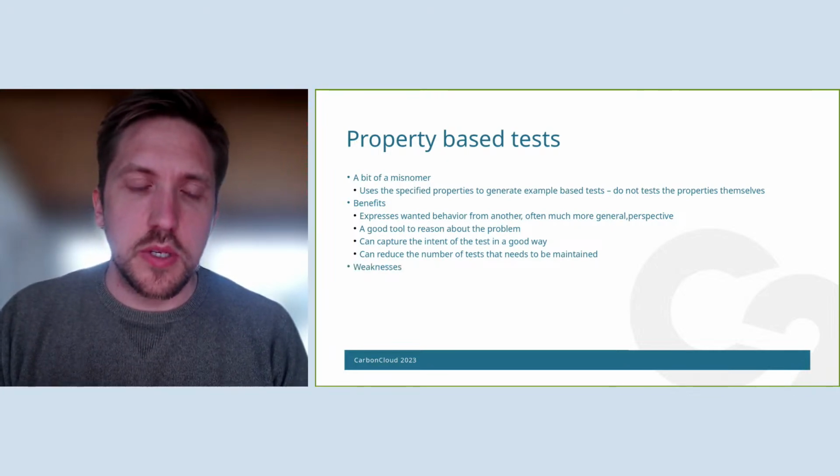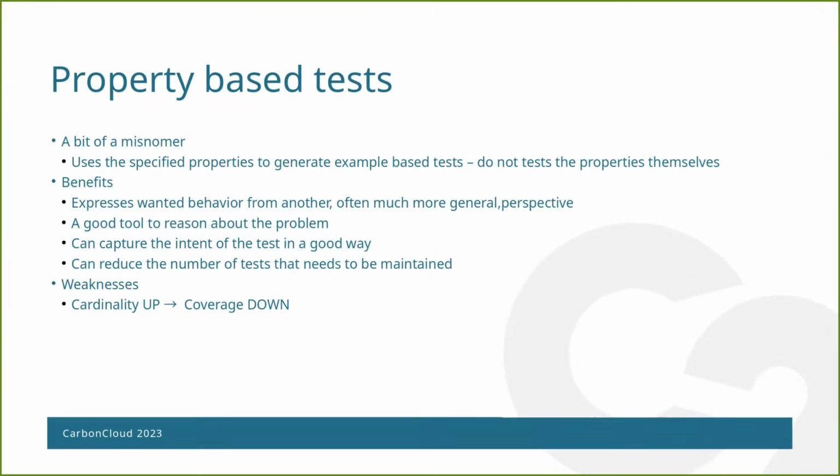Some weaknesses. Again, since we don't actually test the properties directly, we use some framework or library that generates example-based tests, we have the same problem, right? When the cardinality goes up, let's say we have a type that can have 1,000 different values, so the cardinality is 1,000.